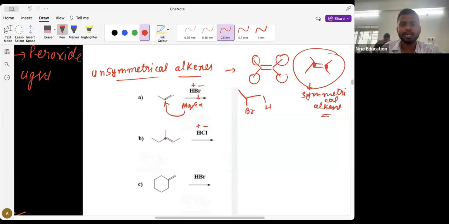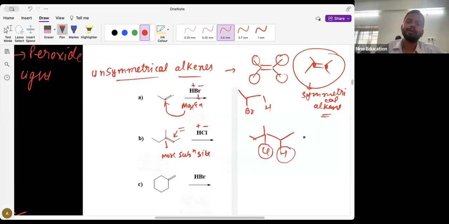So Cl minus can come here or here by Markonikov rule. So this one will be the more substituted side. ये हमारा more substituted side है और Cl will come here and H will come here. This double bond will be broken.